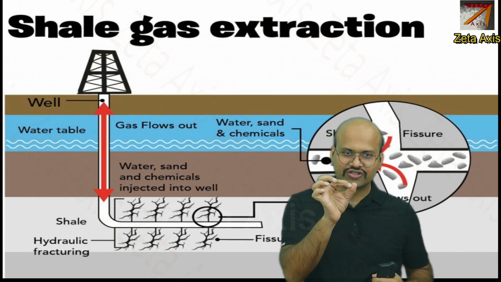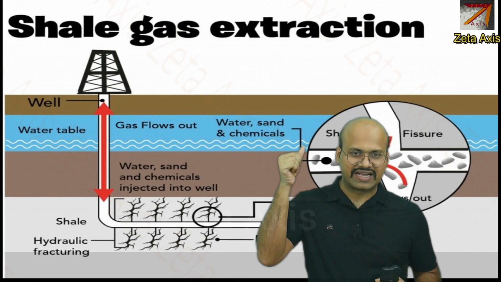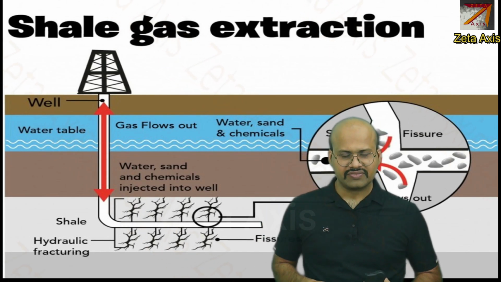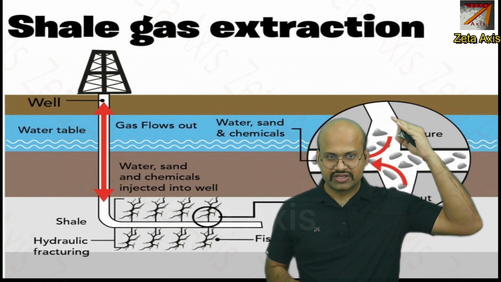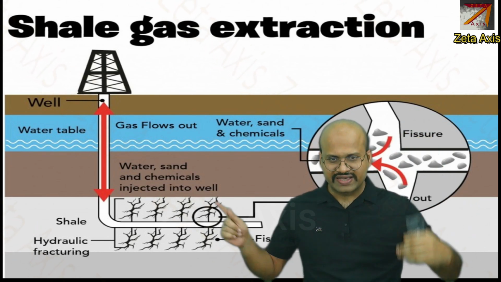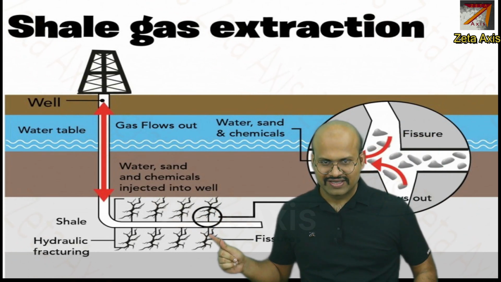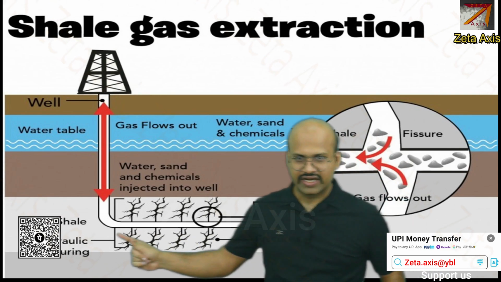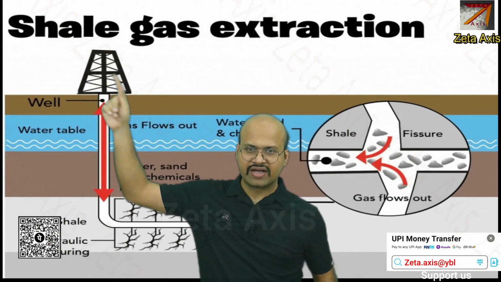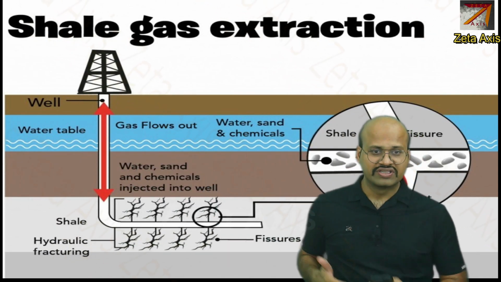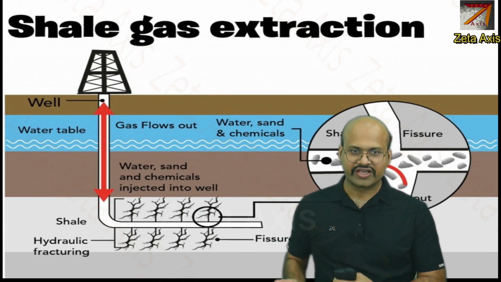They are much bigger than the clay particles of this shale, and that is why this crack remains open, and slowly gas will flow from these rocks to this tube, and then it will flow up and it will be collected here. So this is how shale gas is extracted by hydraulic fracturing.